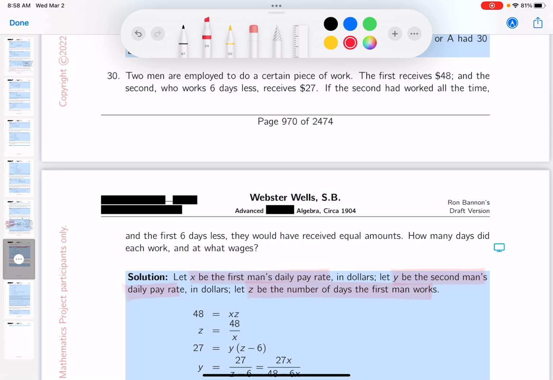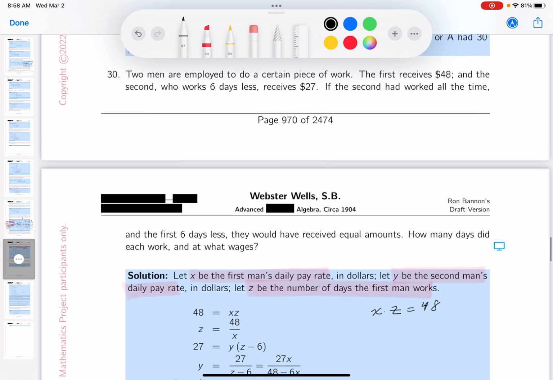So what I'm going to do is I'm going to read it now. 2 men are employed to do a certain piece of work. I got that. The first receives $48. Well, the first one's daily rate is X, and he works for Z days. He would receive $48. Right. The second guy works 6 days less.